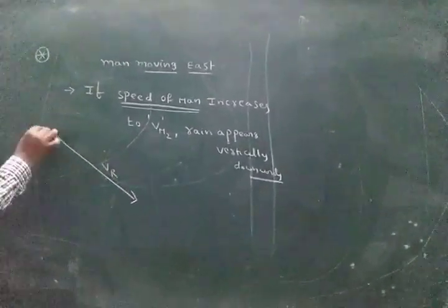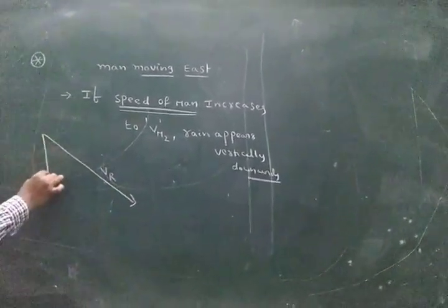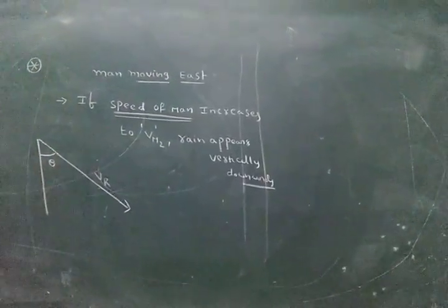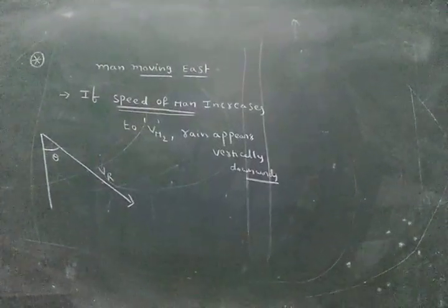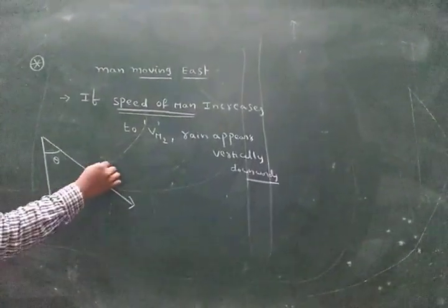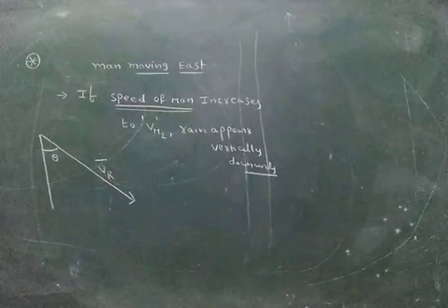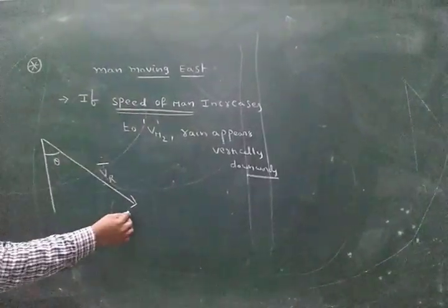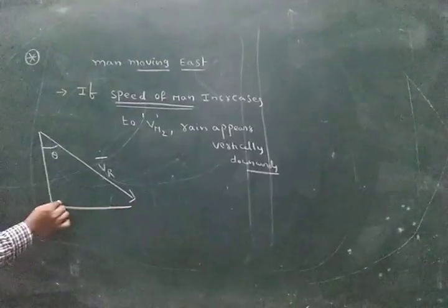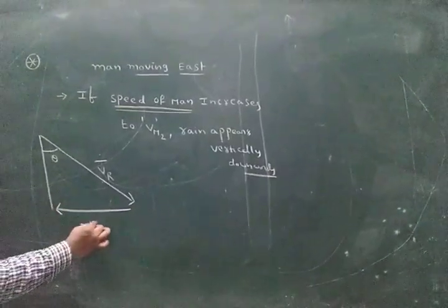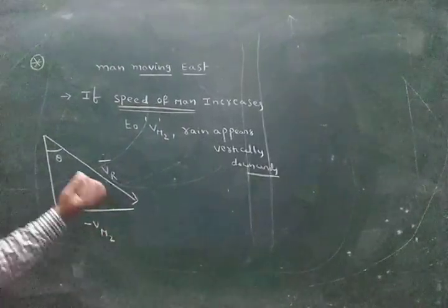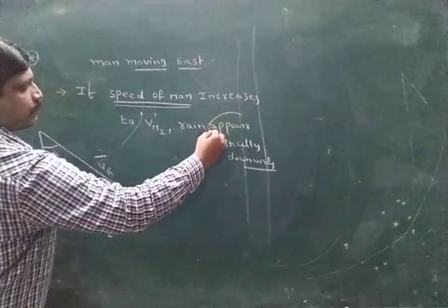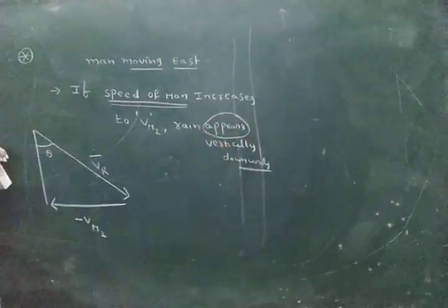Okay, look here. This is vertical. It makes an angle theta. This is the velocity of rain. But according to the question, the speed of the man increases to Vm2. In this situation, rain appears means relative velocity.